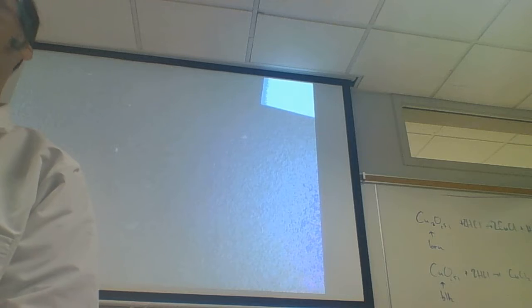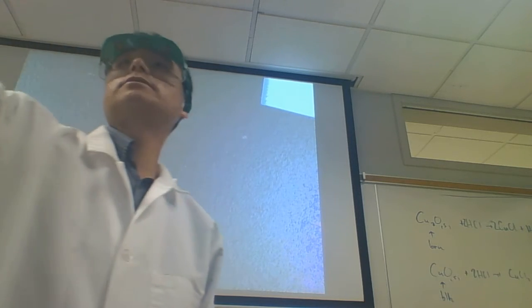Well, I'm just kidding, it's not going to explode, but I have to watch out because nitric acid is a strong oxidizer. And so nitric acid, when you look at it, what is it? Colorless. Well, let me just do that in the hood with you.